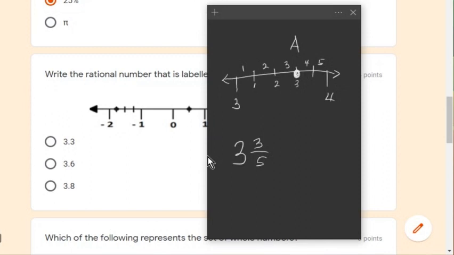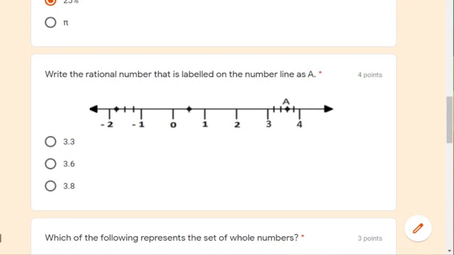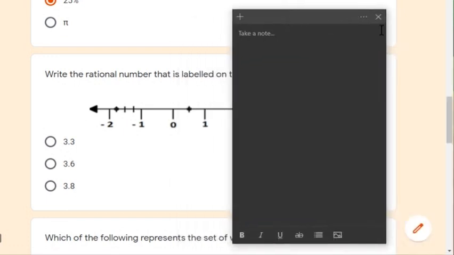So with this, I know that I have 3 point something, and 3 over 5 is the same as 0.6. Okay, so that means I have 3 plus 0.6, which will give me 3.6. Or a very simple way of locating it is just checking it on the number line.